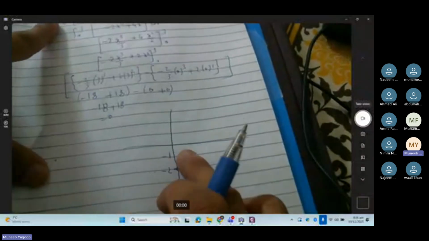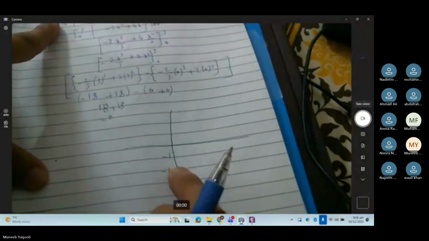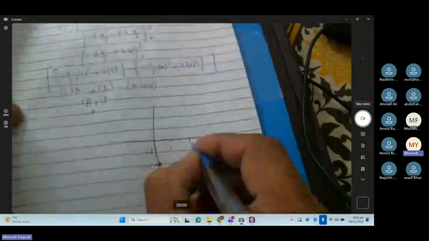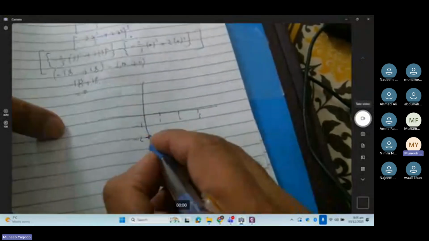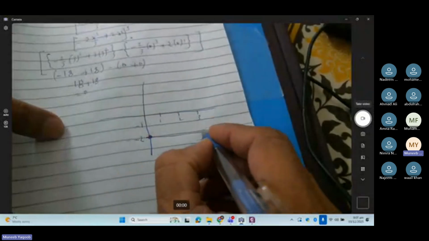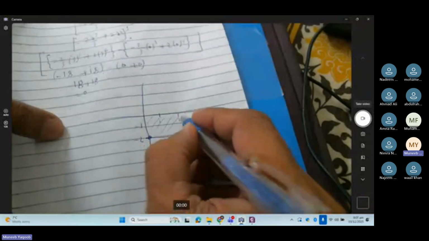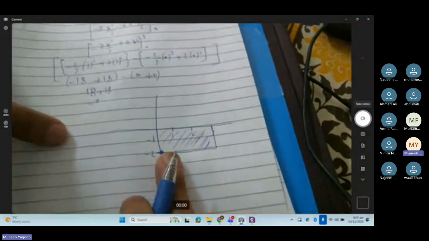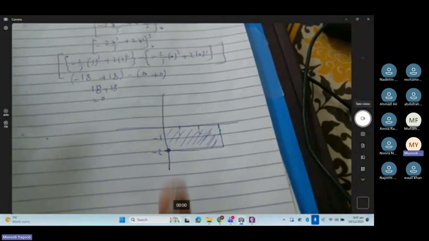So y is from 0 to minus 2. And x is from 0 to 3. So if this is 0, then this is 1, 2, and 3. So you can see that limits of integration are basically giving us this area that is to be integrated, that is to be found.